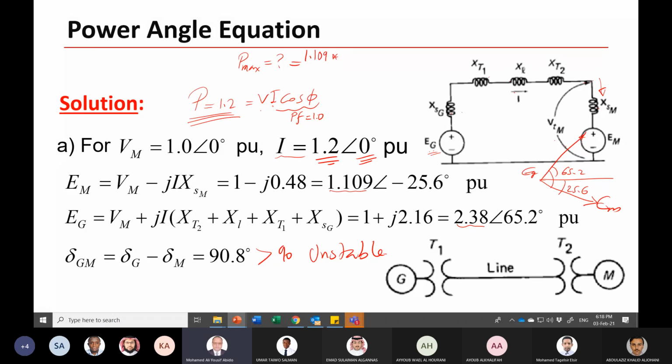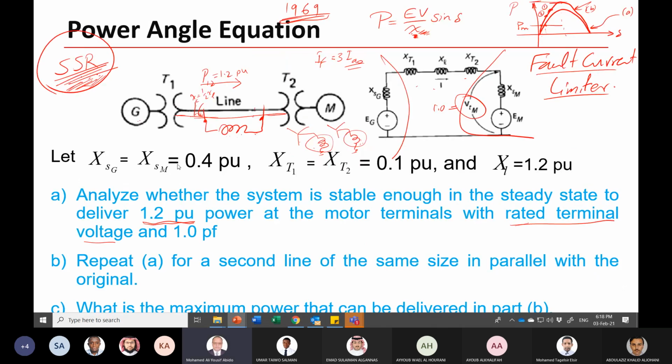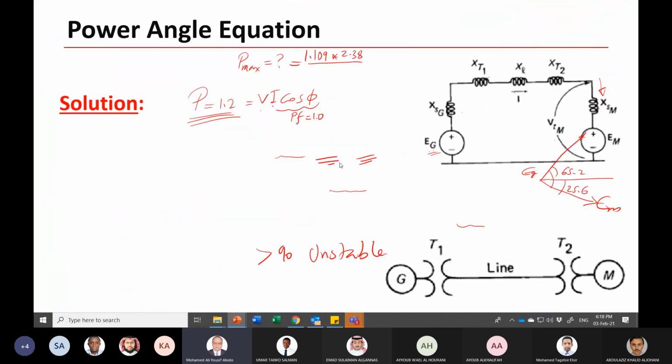The total impedance, which is given here, is 0.4 over 0.8, so that is 1, so the total impedance is 2.2.